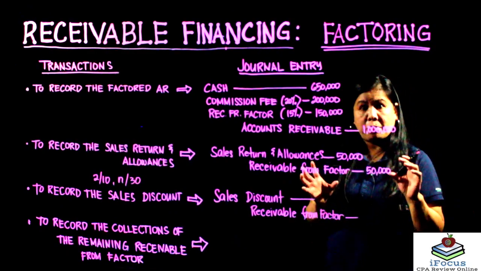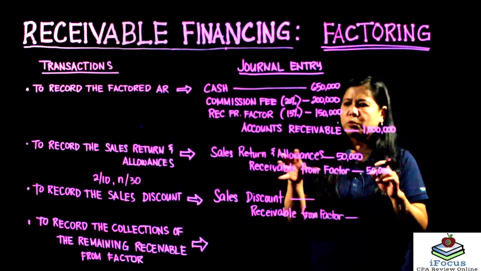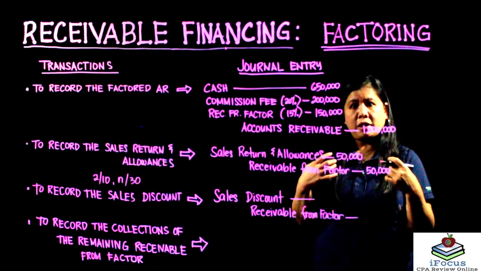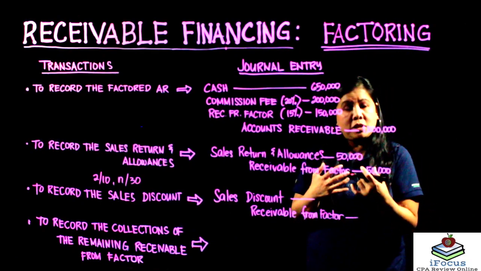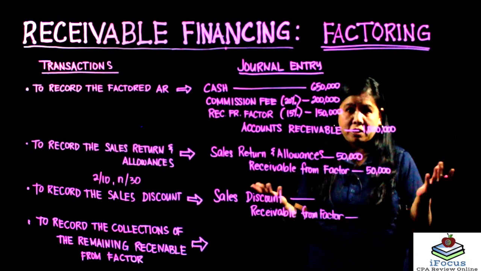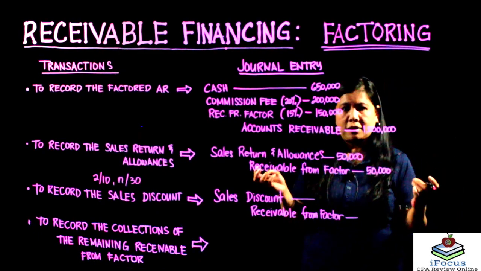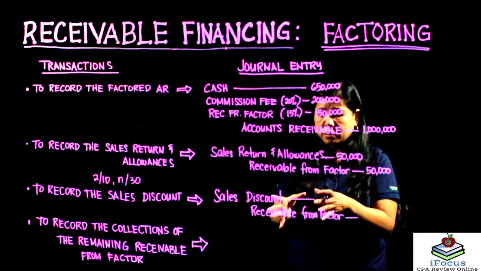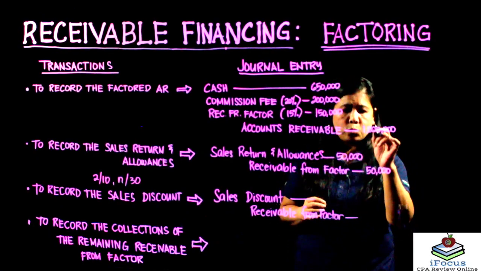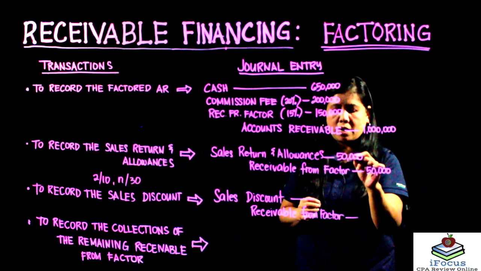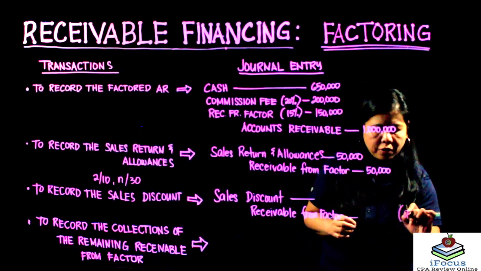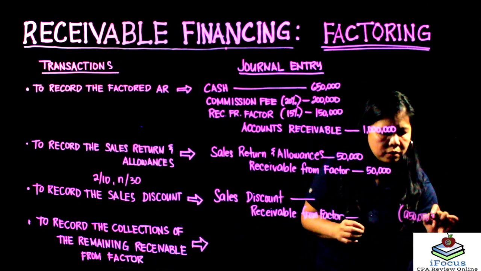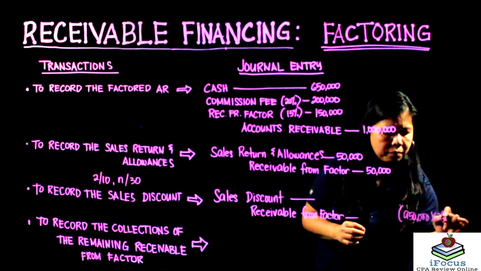Okay, why less the 50,000? Kasi yung customer na nag-return ng kanyang goods ay hindi siya makaka-avail ng cash discount kasi ni-return na nga niya yung pinorchase niya sa atin. Therefore, our calculation for this sales discount is 1 million less 50,000, which is 950,000 times 2%.